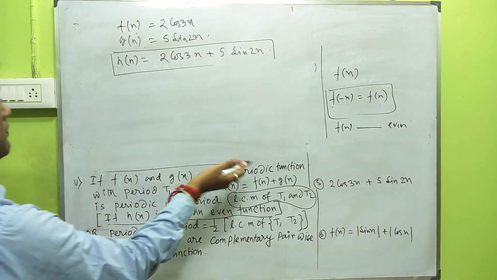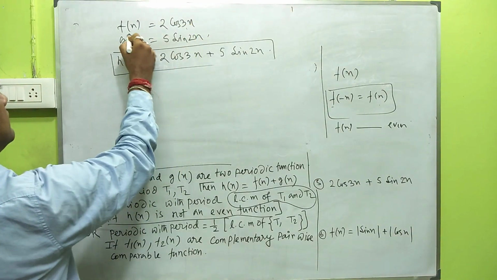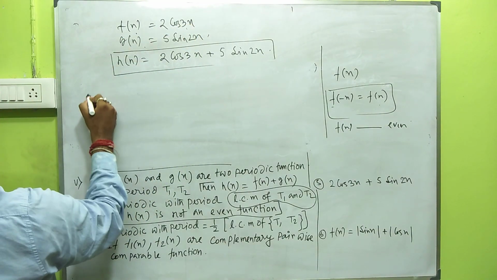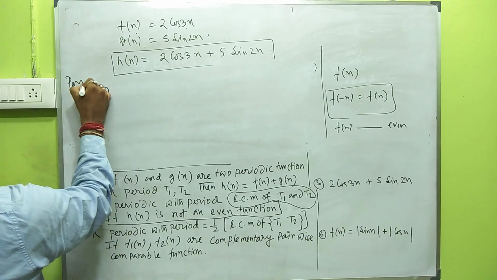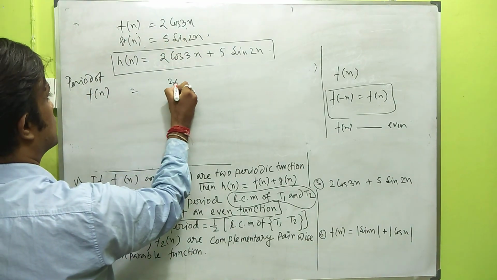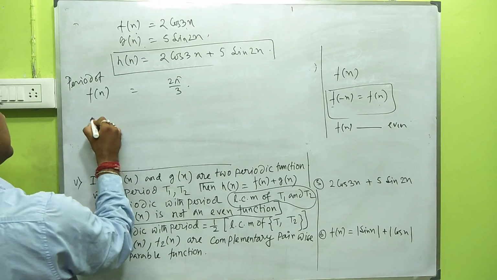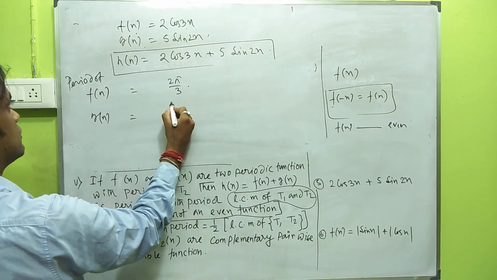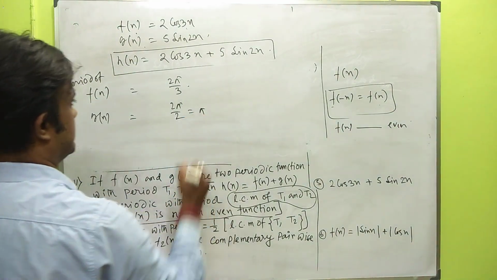So by the previous rule, the period of f(x) is equal to 2 pi by 3, and the period of g(x) by the previous rule is 2 pi by 2, that is pi.